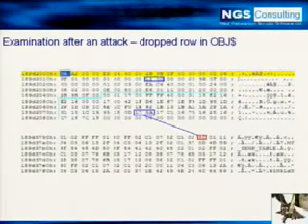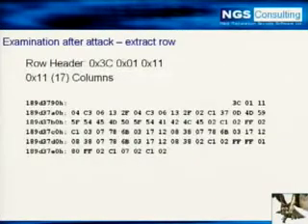Now, we see here, after going through everything, that there is a directory entry just there that points to its row data, which is here, but we see that the fifth bit has been flipped, and it's 3C rather. So we know we're looking at a deleted row here. So we then need to crack out the data from that. Looking at the row header, we see it's deleted. That's the lock status stuff. We see that the third byte of the header is 0x11, which is 17 in decimal. So we know there are going to be 17 columns. This here is the data we'll be looking at, and we'll split it out.